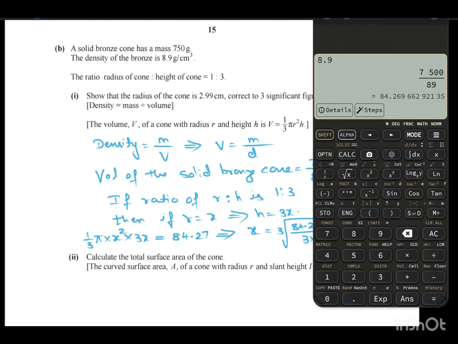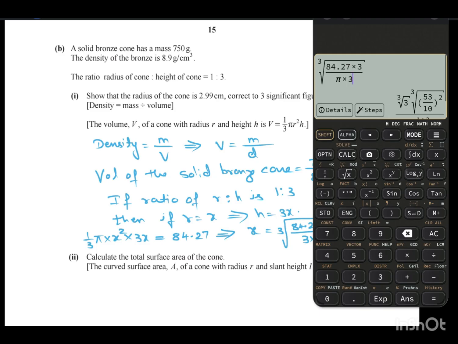Take this calculation into the calculator. Cube root of 84.27 into 3 by pi into 3.